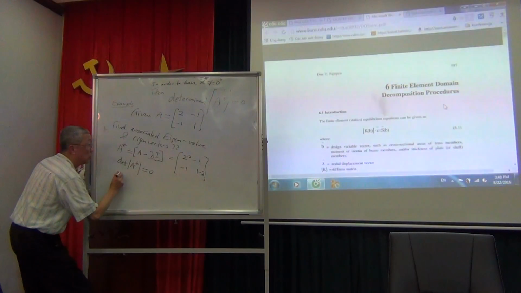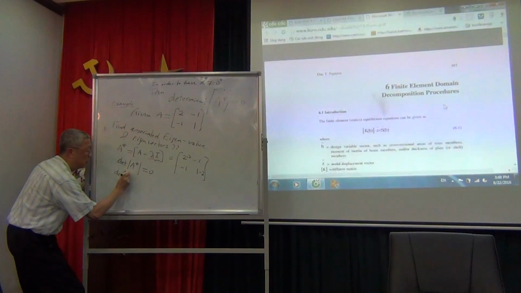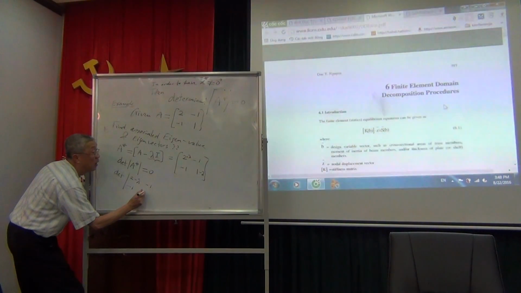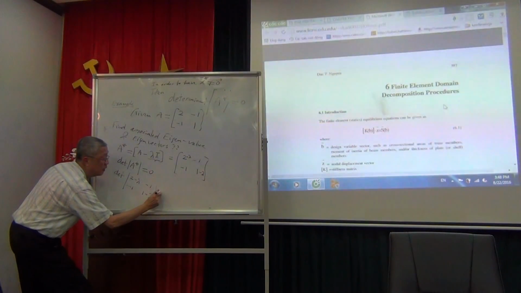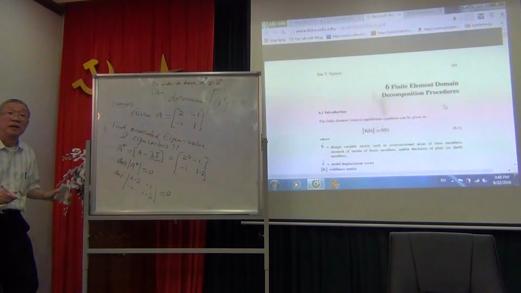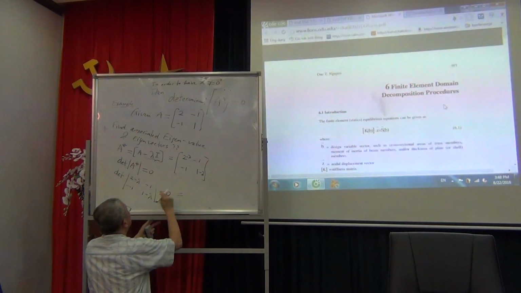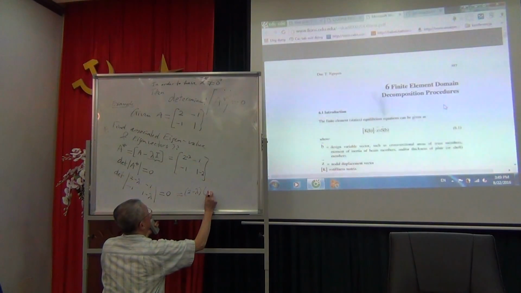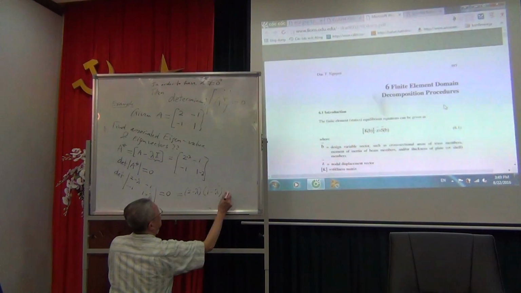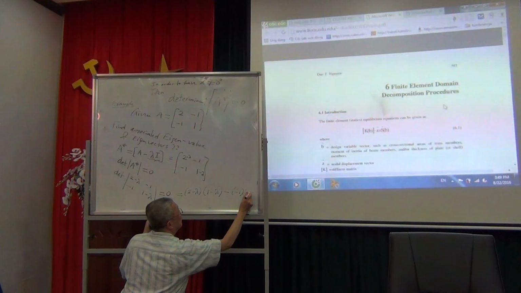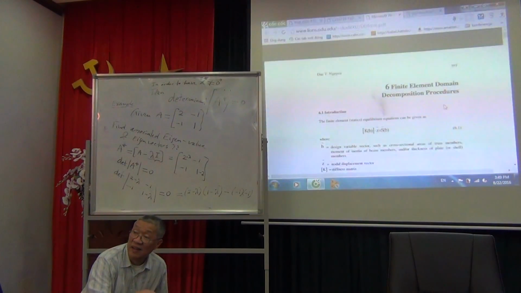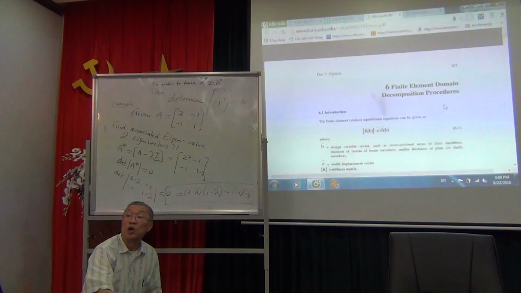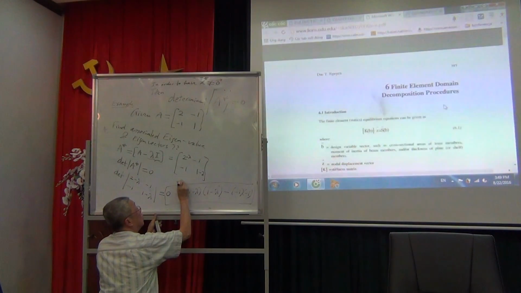So you take the determinant of 2 minus lambda, -1, -1, 1 minus lambda, equal to 0. Of course, this means this times this: 2 minus lambda times 1 minus lambda, minus 1. You agree? Now, of course, this right here is the so-called quadratic equation.